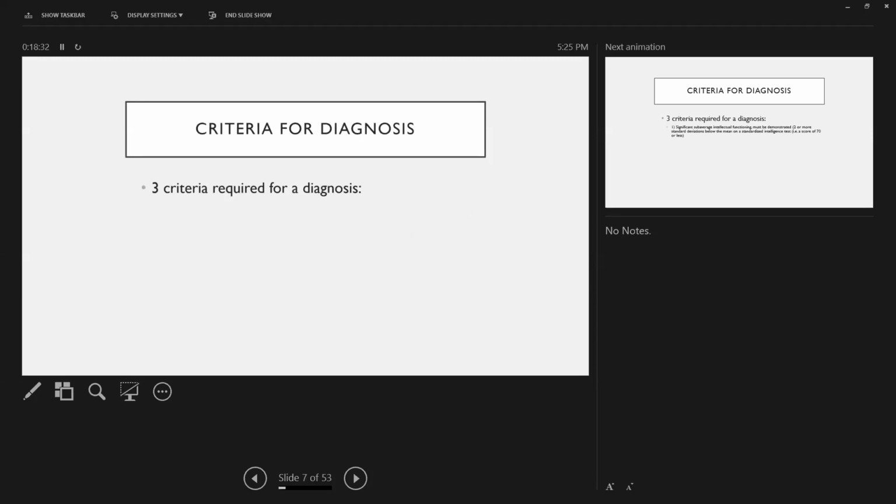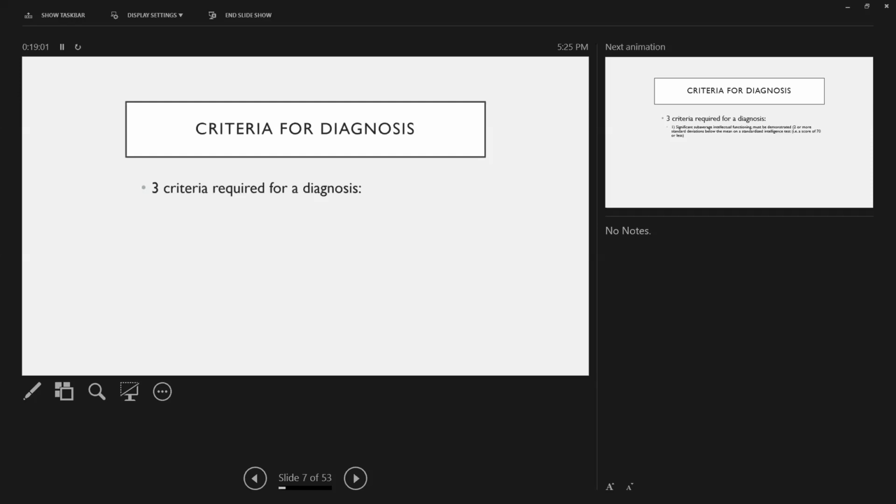And so there are 3 criteria required for a diagnosis of intellectual disability. Can anyone think of one of those criteria? Significantly sub-average general intellectual functioning. So it's significant equals a score of 2 or more. So it's 70.